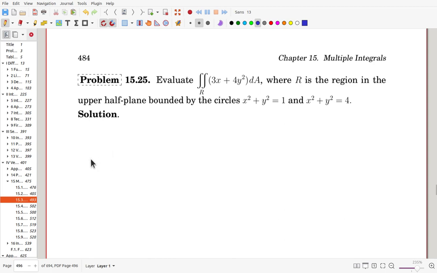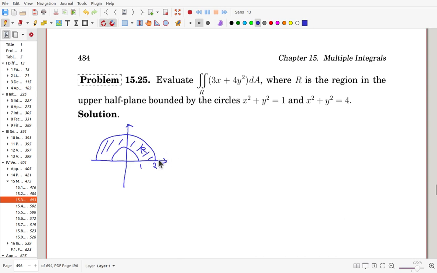Now that is the x direction, y direction. For that one, it is in the upper half plane, with a circle of radius 1 and a circle of radius 2.